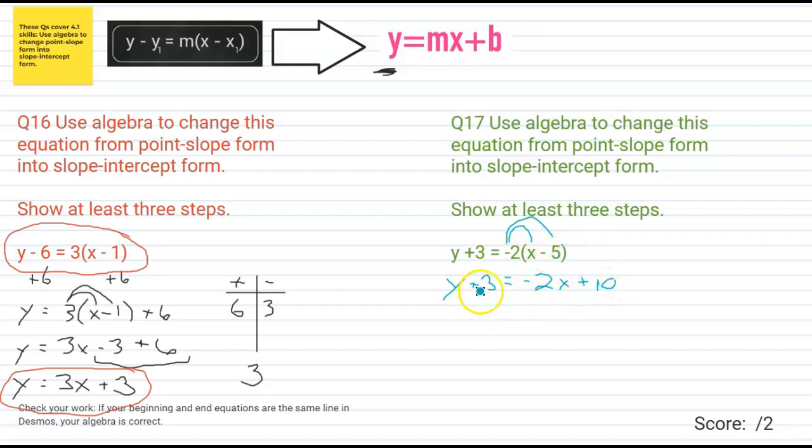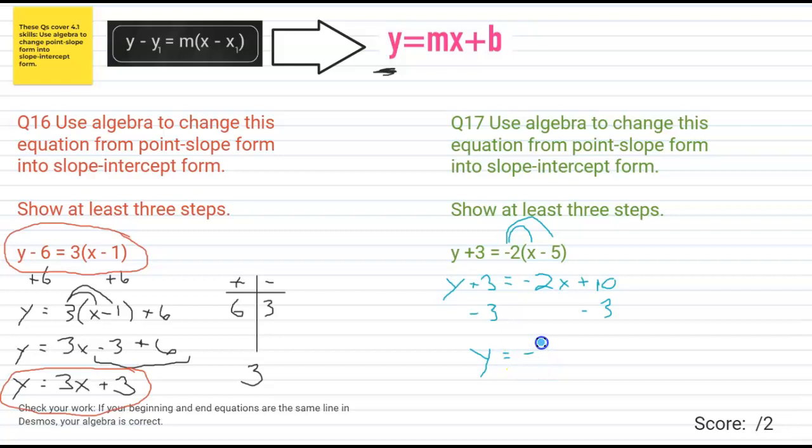And now I'm going to do that step where the opposite of plus 3 is minus 3. Remember, if we subtract 3 over here, we need to subtract 3 over here. Because I know that 10 and negative 3 are both constants, I'm going to line them up, because this negative 2x is not a like term, but these two are. Now these equal 0, so we have y plus 0, but I'm not going to bother to write that.